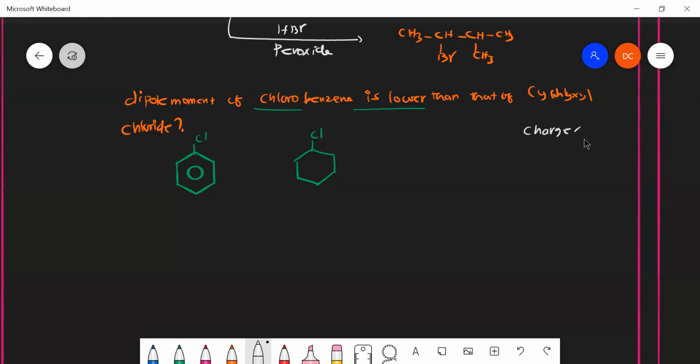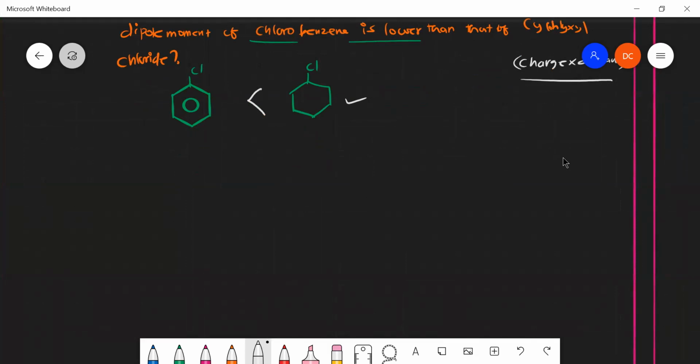Distance, no problem with that, but here the distance will play some role and charge will also play some role. So what is the role here? Cyclohexyl chloride has a higher dipole moment. Why? Sir, is it because of the number of bonds? Number of bonds. Okay. Any other thing?